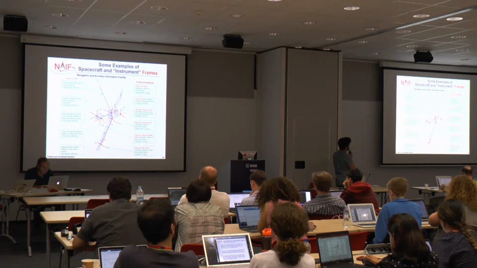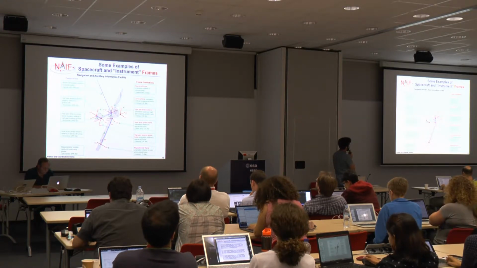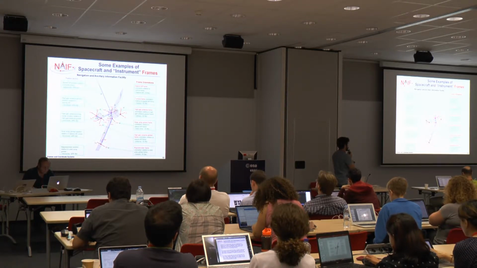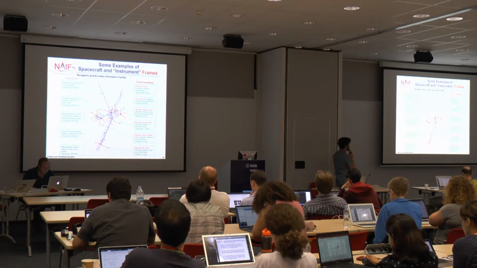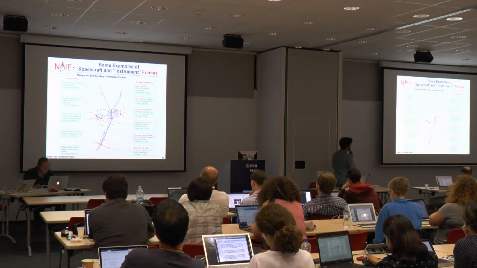So we've got an SPK file for the spacecraft that will give us the position of the center of the spacecraft with respect to a given origin. So in this case could be Mars. We might have the state of TGO with respect to Mars, and that would give us the center of TGO.